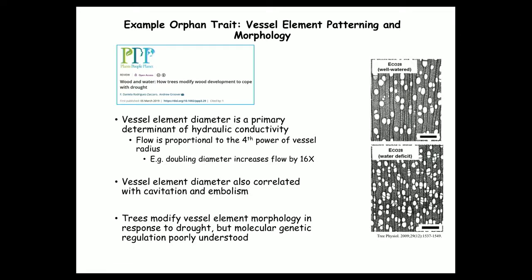So a very small change in the size of these cells has a very large effect on not only water transport, but also it's highly correlated with cavitation and embolism in response to drought.